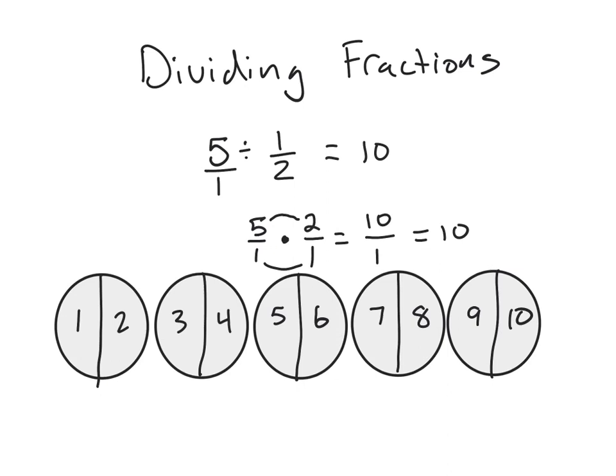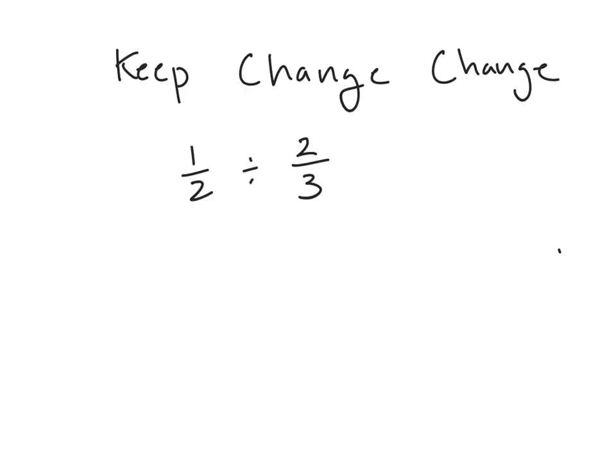But for dividing fractions, you have to remember this rule right here. And we're going to keep using it a couple times to practice. The rule is keep, change, change. So we're going to remember that first one. We're going to keep it. We're going to change our division symbol to a multiplication, and then we're going to change our 2/3 to 3 halves.